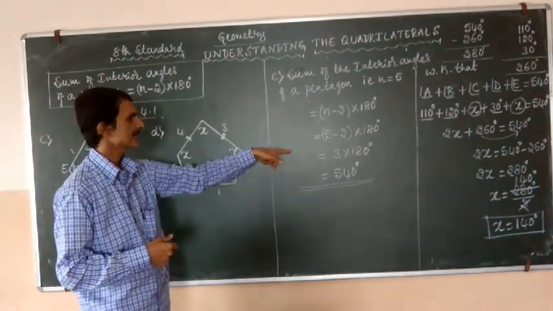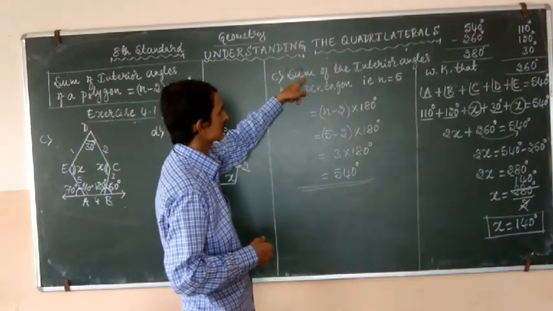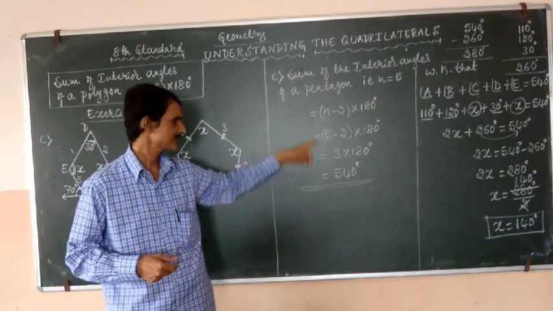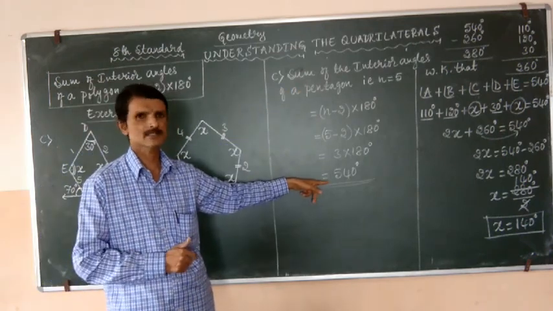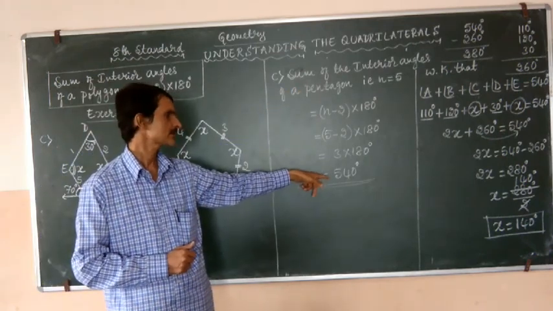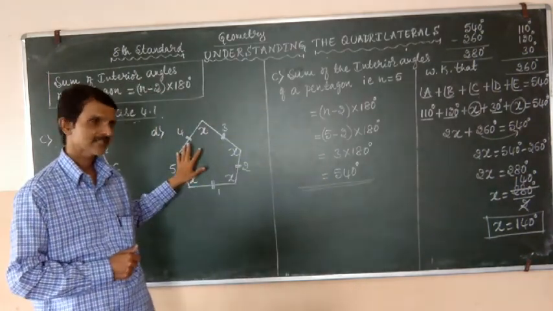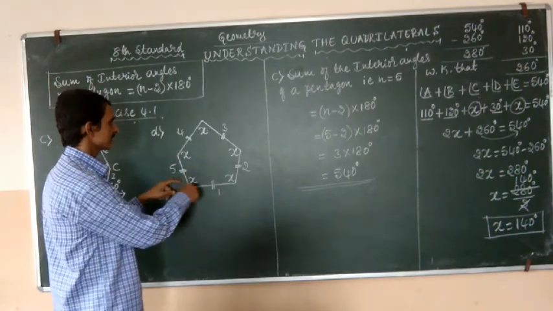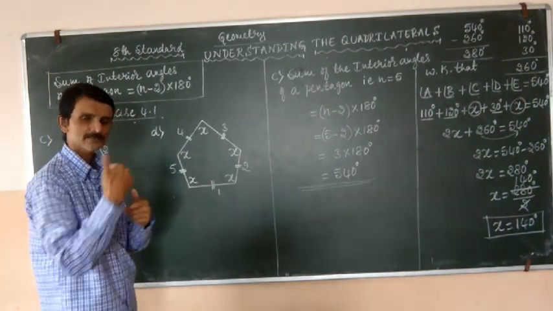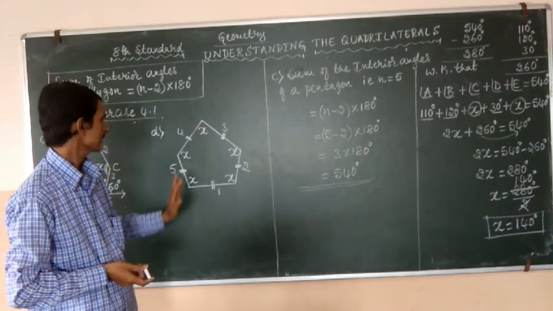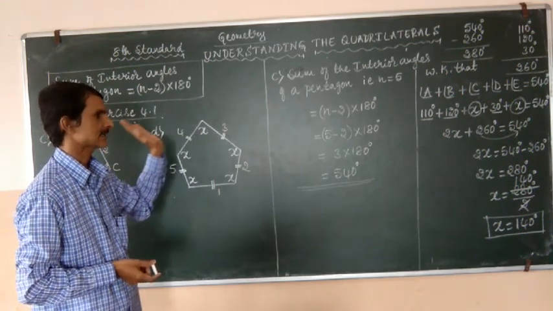In a similar way, you have to find the sum of the interior angles of a pentagon. You will get the same answer here too. So the sum of the interior angles of the pentagon is 540 degrees. In the case of each angle, you have to substitute x for every angle.